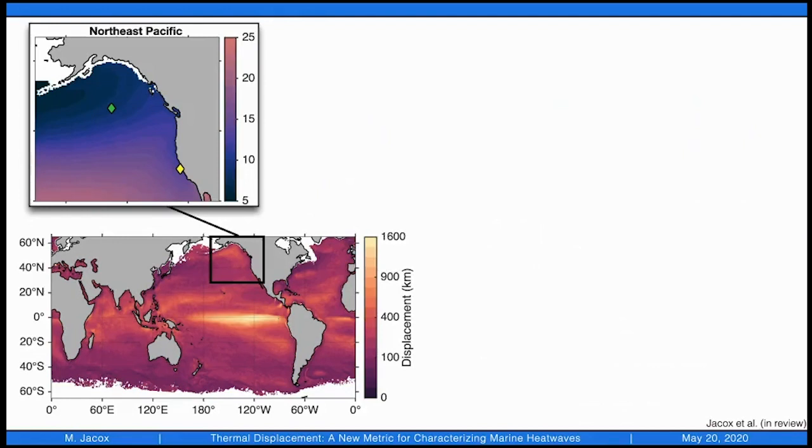And for each of those locations, we can say not just how far is the thermal displacement, but actually where is it? And so that's what these open markers are now, where they're showing for each heat wave what was the thermal displacement from those locations. So you can see, up the California coast, there's a range in terms of the distance, but they tend to be northward.